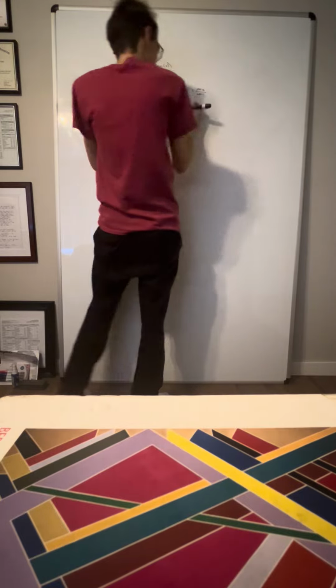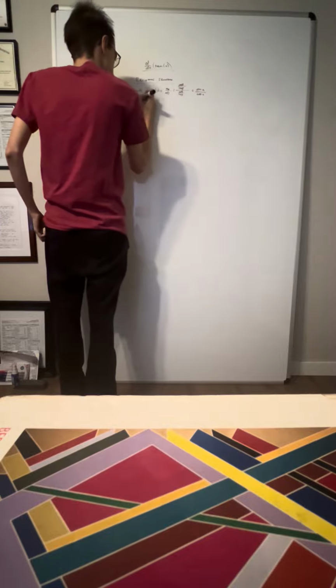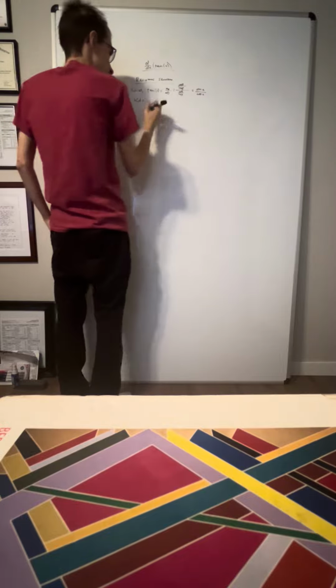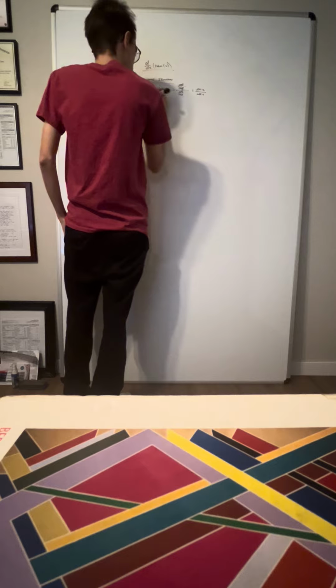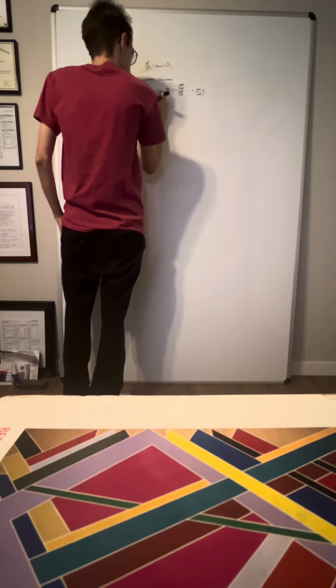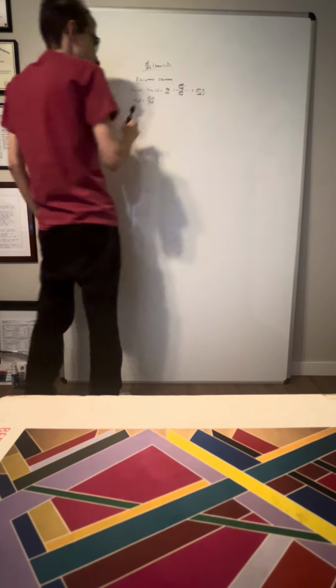So now notice that we just put this in the form of h of x equals some f of x divided by g of x.